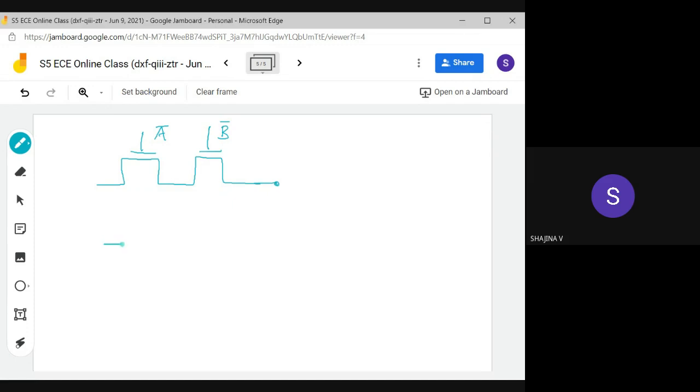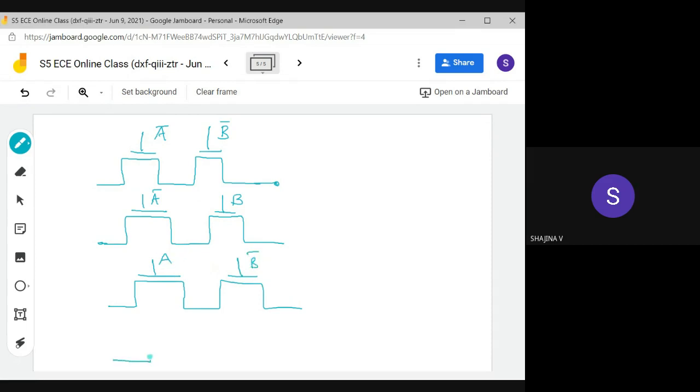Then for next combination, that is when A equal to 0 and B equal to 1. Okay. So under this condition, this will be an on switch. Then for next combination, it is A B bar, right? That is corresponding to 1 0. And corresponding to 1 1, I can draw the switch as AB.